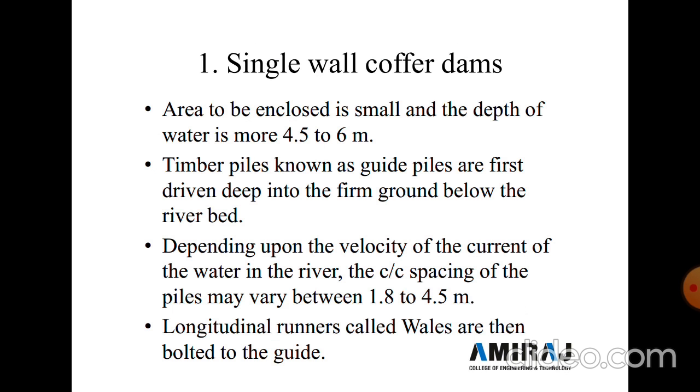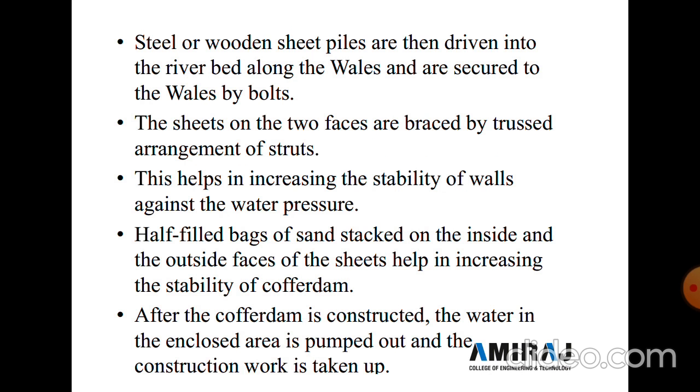So the area to be enclosed is small and the depth of the water is more, 4.5 to 6 meters. Timber piles known as guide piles are first driven into the firm ground below the river bed, and depending upon the velocity of the current of water in the river, the center to center spacing of the piles may vary between 1.8 meters to 4.5 meters. Longitudinal runners called wales are then bolted to the guide piles, and steel or wooden sheet piles are then driven into the river bed along the wales and secured to the wales by bolts.